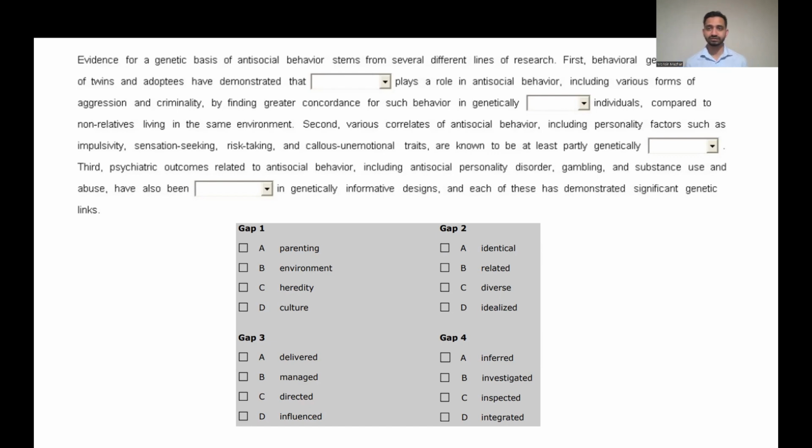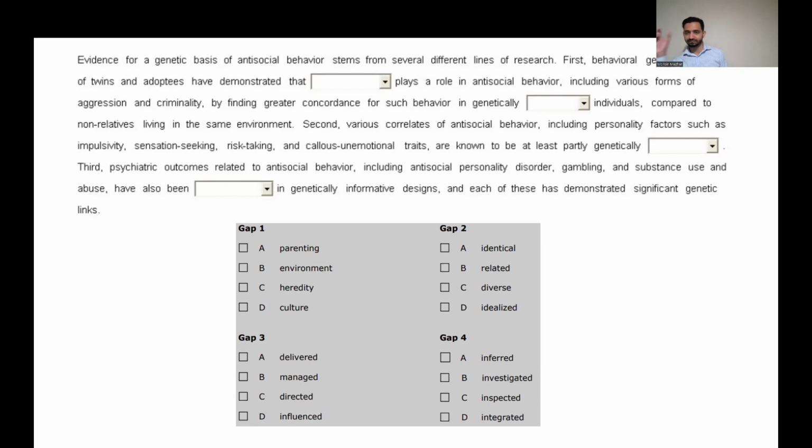So first, behavioral genetic studies of twins have demonstrated that heredity plays a role in antisocial behavior, including various forms of aggression and criminality, by finding greater concordance for such behavior in genetically related individuals compared to non-relatives living in the same environment.